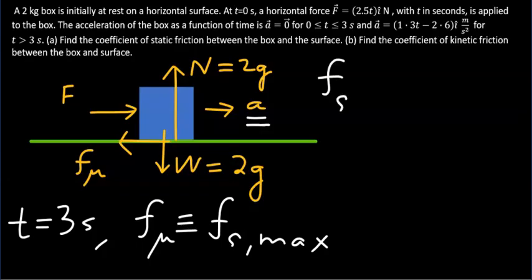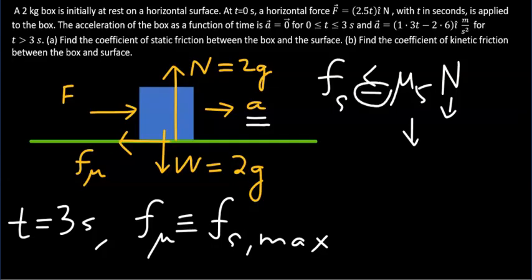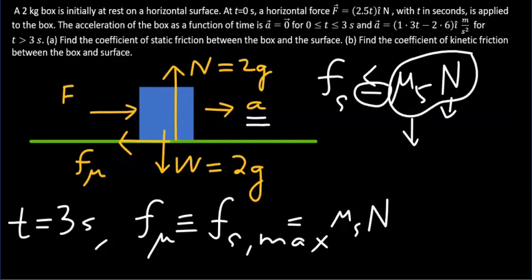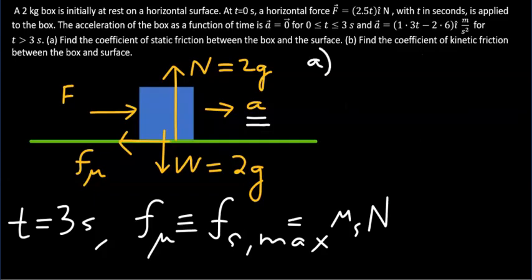Because static friction is given by an inequality as follows. This is the coefficient of static friction, this is the normal force. The maximum value of static friction is given by that expression, which is mu sub s times n. So for part A, we want to determine that mu sub s, the coefficient of static friction.